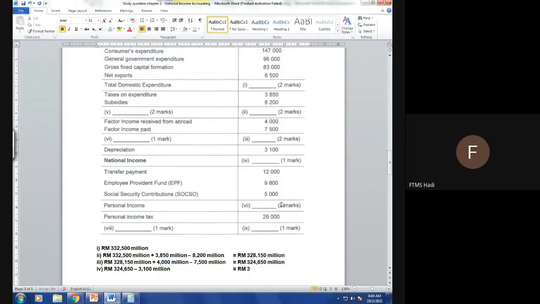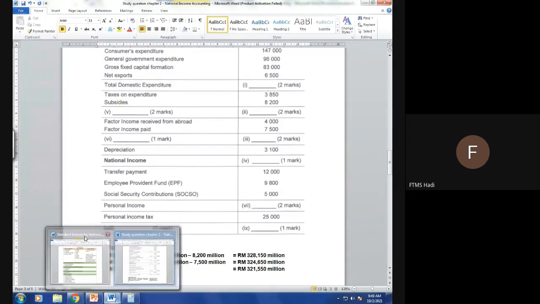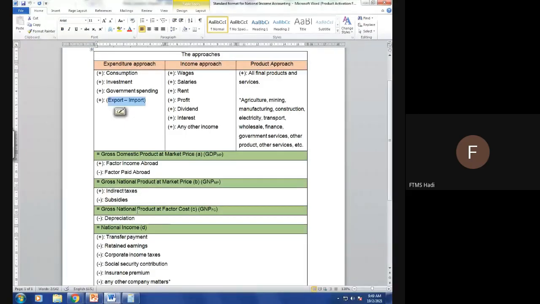Okay, number 4. Alright, number 5. Number 5 is here, this one. Tax expenditure minus subsidies, which is this one, GNPFC. Gross national product at factor cost.